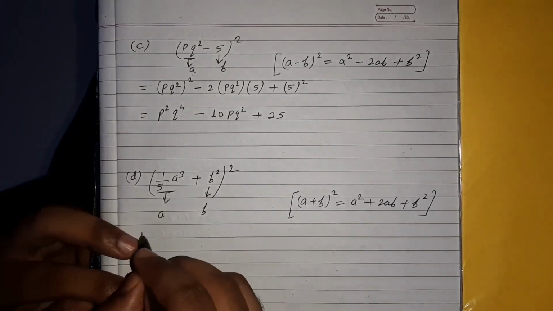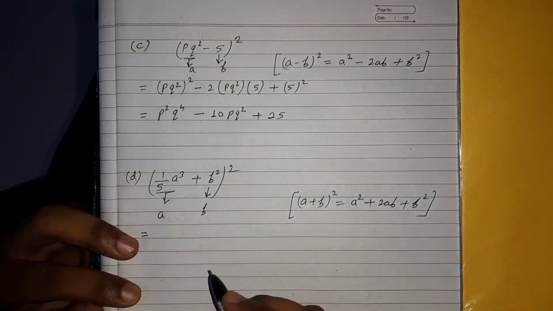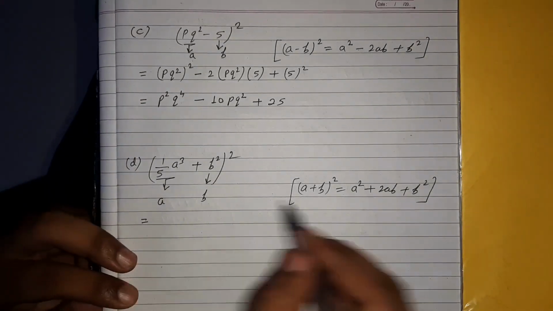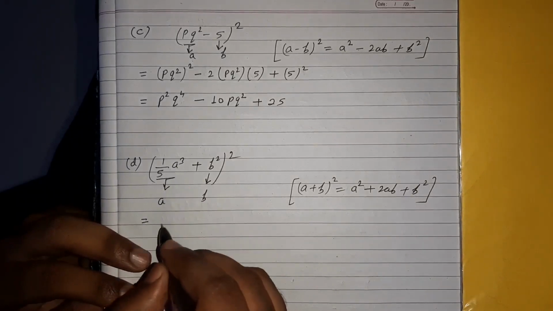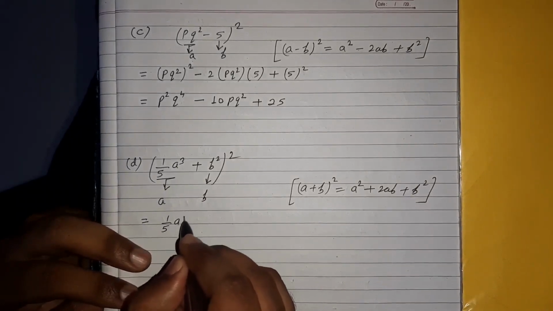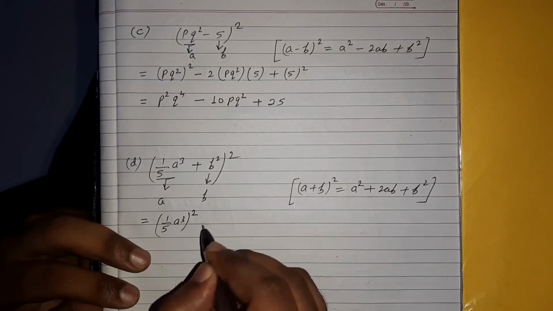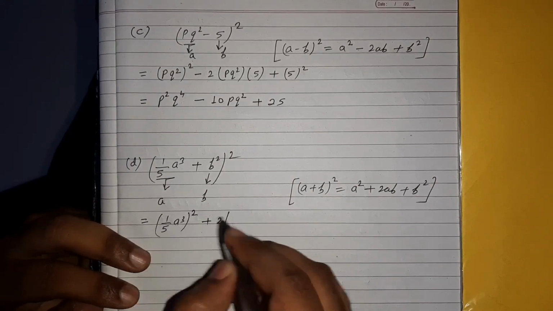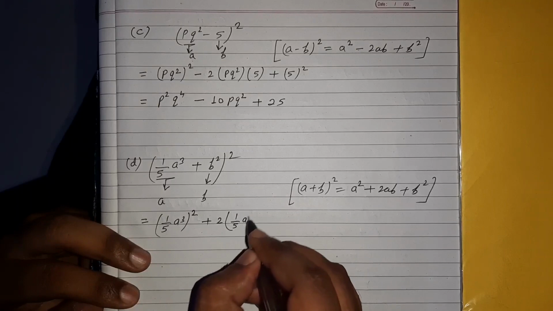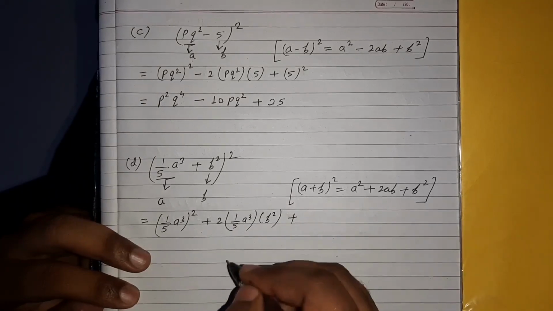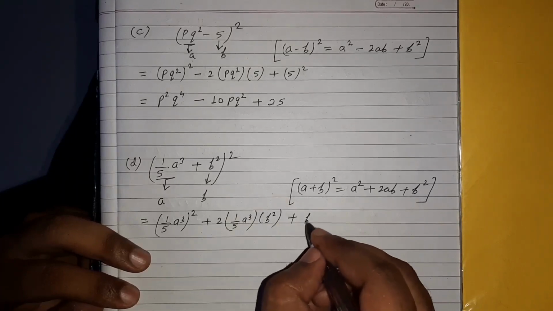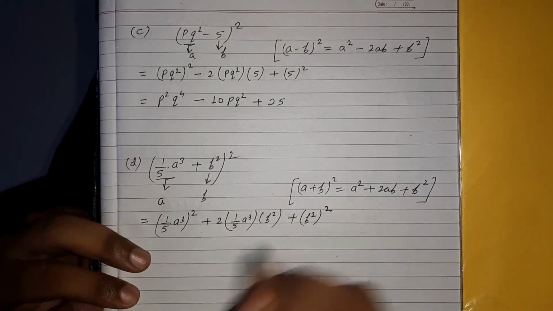Now put these values in this identity: (1 by 5 a cube) whole square plus 2 times 1 by 5 a cube times b square plus (b square) raised to power 2.